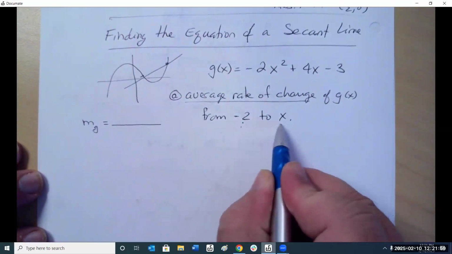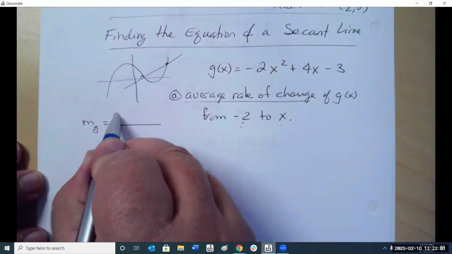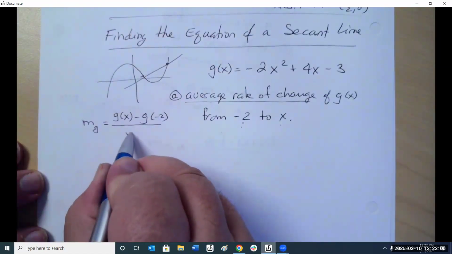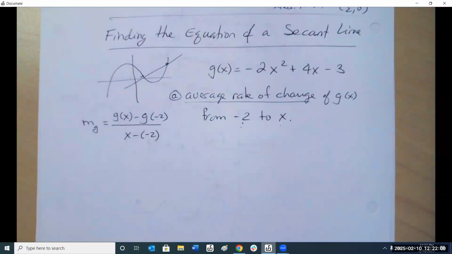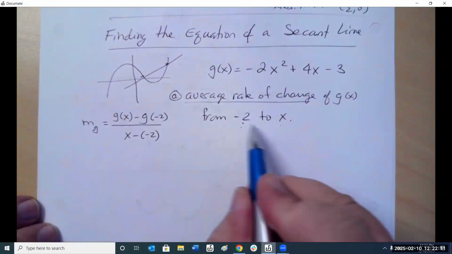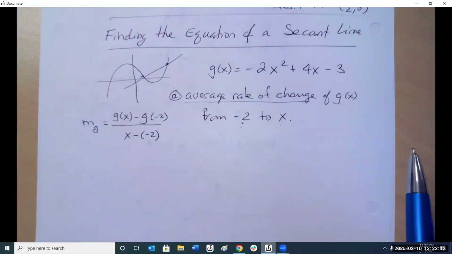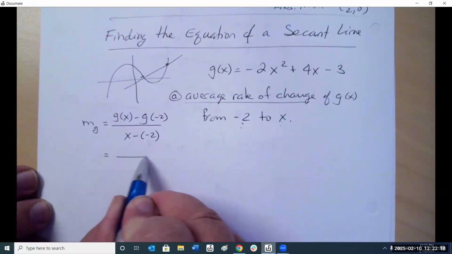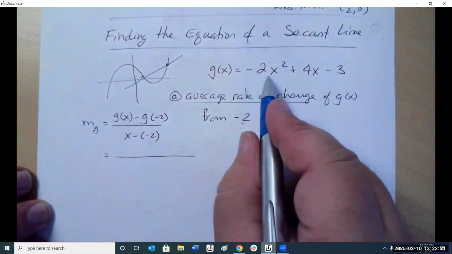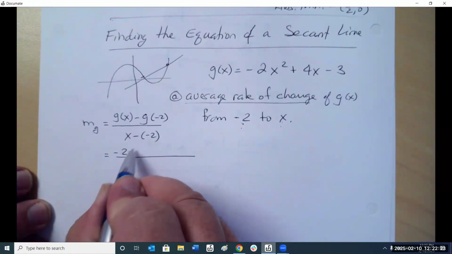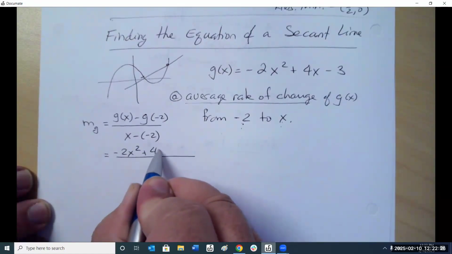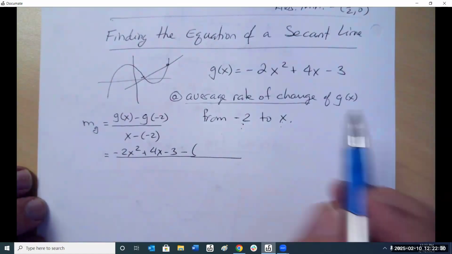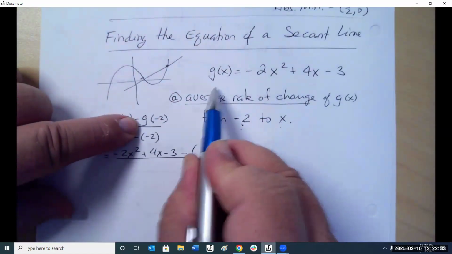So the slope of g is equal to, it's going from this one to this one, so x1 to x2. We're going g of x minus g of -2 over x minus -2. We have g of x, which is the original function, -2x squared plus 4x minus 3, minus g of -2.